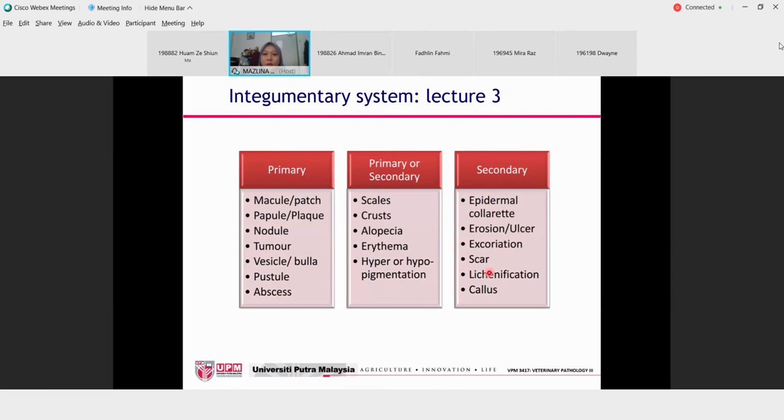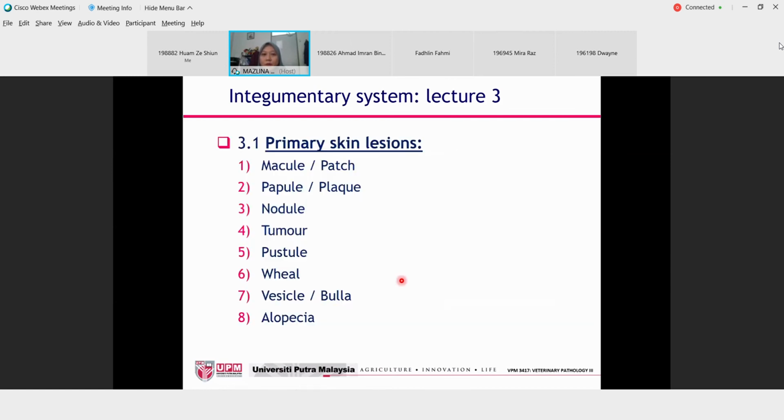But sometimes, as I mentioned, the lesion can fall in either the primary or secondary category, for example scales, crust, alopecia, erythema, hyper or hypopigmentation. We'll be looking at the different types of this primary and secondary relation, but for today, I've classified these lesions under primary skin lesion.